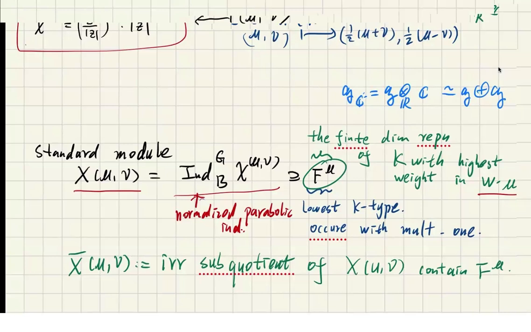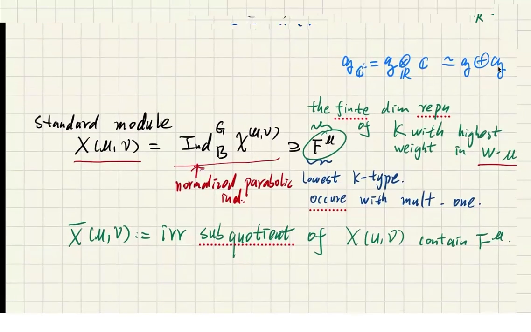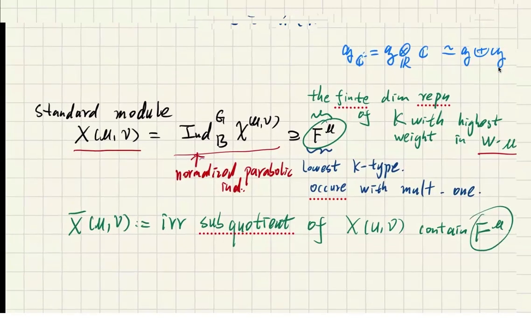But anyway, it's a minimal length possible mu in the sense of Vogan. Okay, so then a theorem tells you that in the standard module, you will have a unique irreducible subquotient containing this K type F mu. And we call this X bar mu nu.